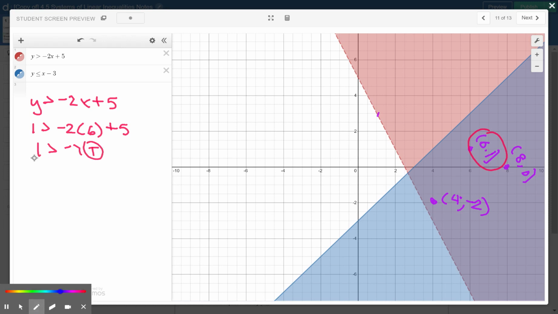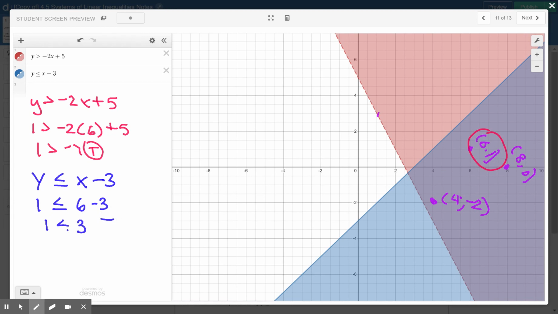If I put it into the blue inequality, y is less than or equal to x minus 3, if I put that same number, 1 is less than or equal to 6 minus 3. Yes, 1 is less than or equal to 3. That's a true statement. So I get two trues. That is why any one of those ordered pairs would work.